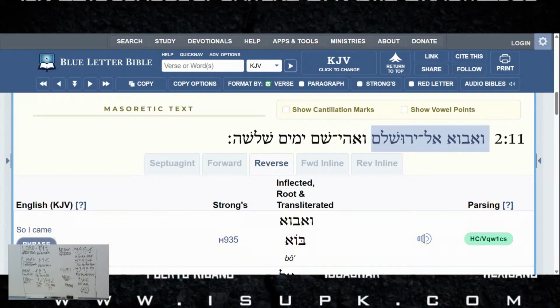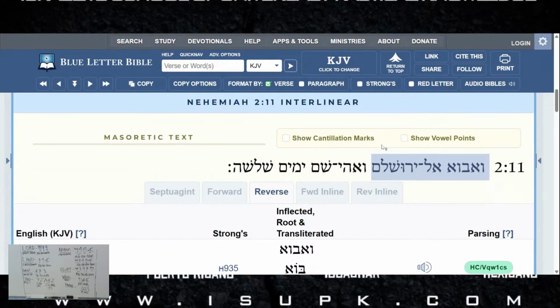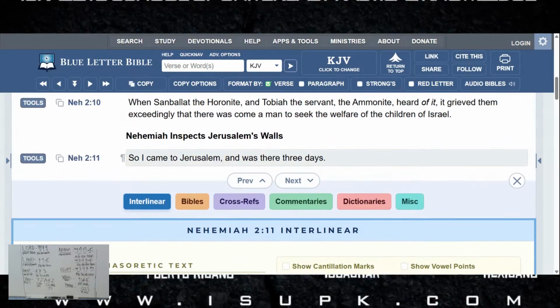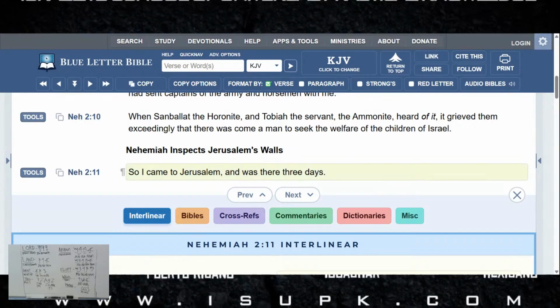I entered in. I came to. And I came out to, unto, Jerusalem. And I came to Jerusalem. Let's see what they have it translated as. They have it translated as, so I came to Jerusalem, which is cool.